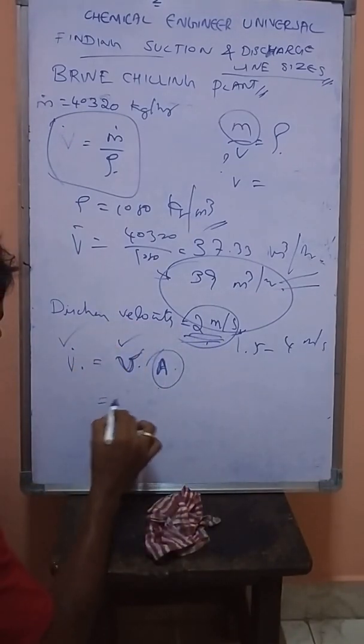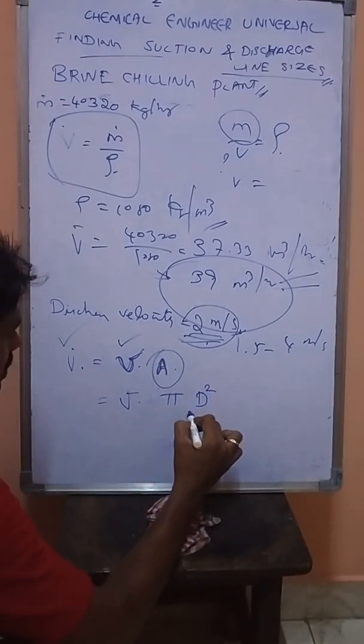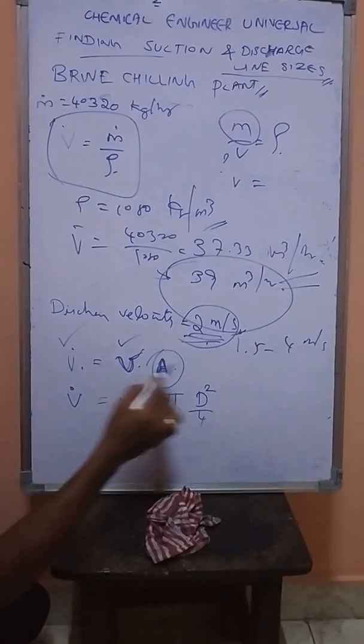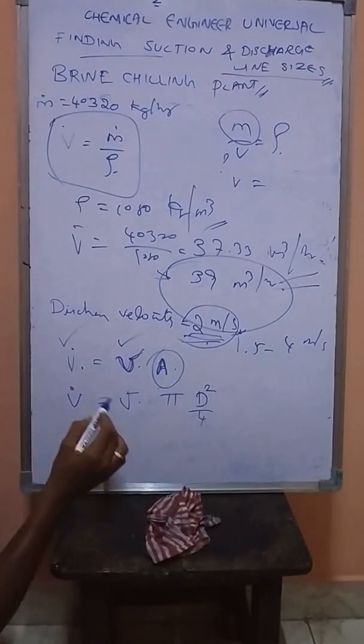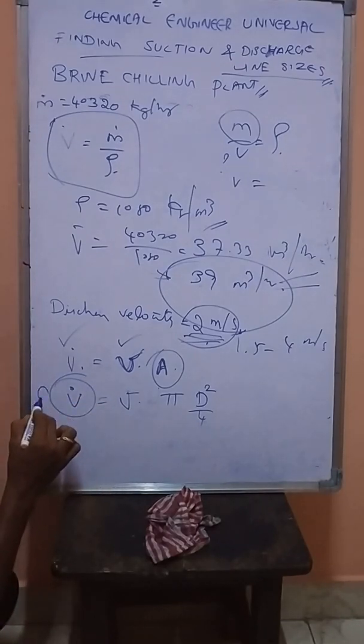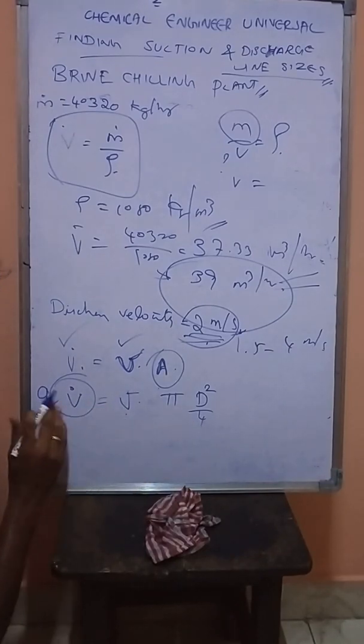For the area, you just apply pi d square by 4. If you rearrange this, for volumetric flow rate we will just take Q to avoid confusion between velocity and volumetric flow rate. So we use Q.